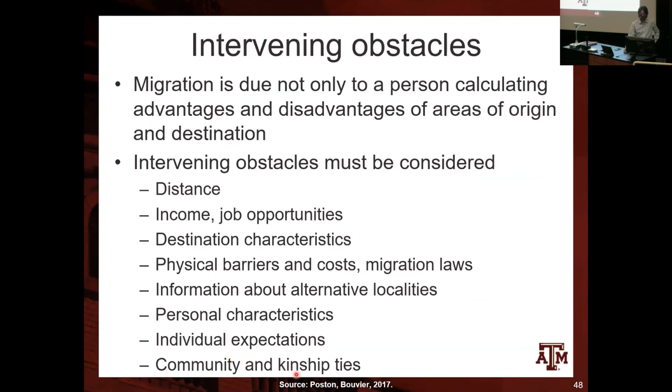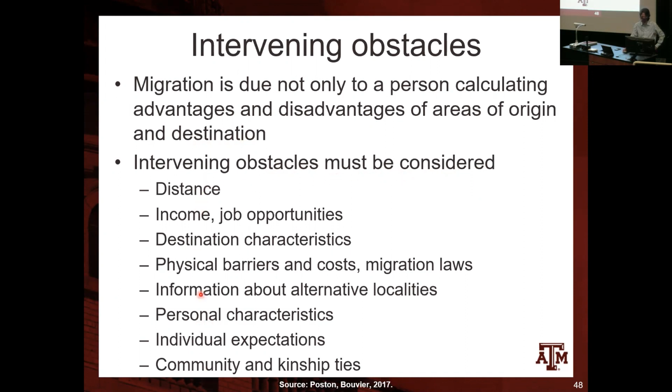And what is emphasized now in our textbook is that there is a series of intervening obstacles that affect the levels and trends of migration. Migration is due not only to a person calculating the advantages and disadvantages of areas of origin and destination. Migration is also influenced by obstacles that make it more or less likely for people to migrate from one area to the other.